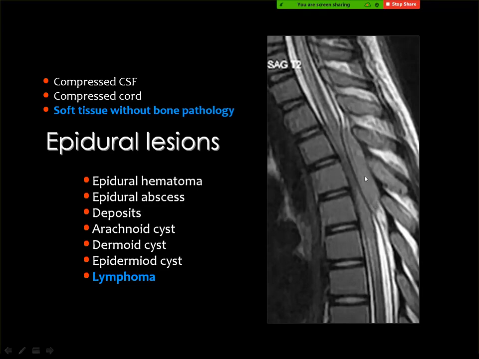And if you see a lesion like this, which is compressing the cord as well as the CSF, and is not associated with destructive changes in the vertebrae, you think of lymphoma. The differential diagnosis of epidural lesions includes hemorrhage, abscess, metastasis, arachnoid cyst, epidermoid, dermoid, and lymphoma.